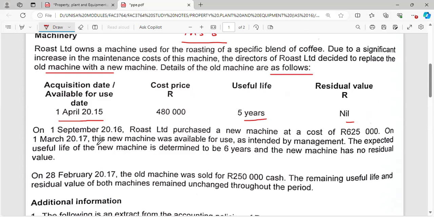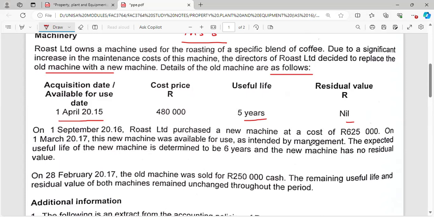On 1 March 2017, this new machine was available for use as intended by management. The expected useful life of the new machine is determined to be 6 years, and the new machine has no residual value.